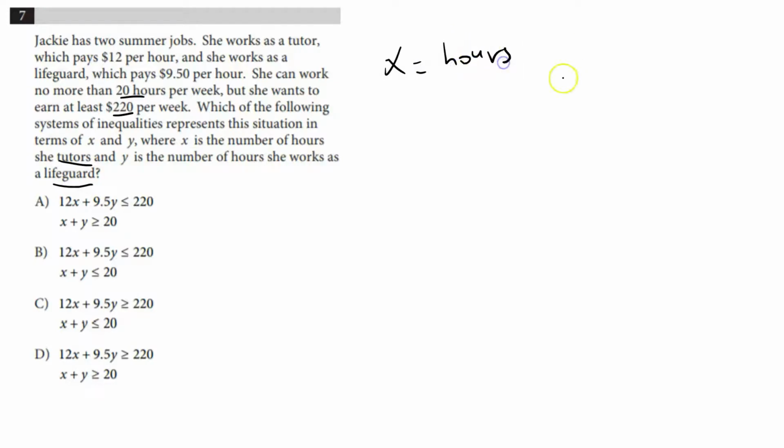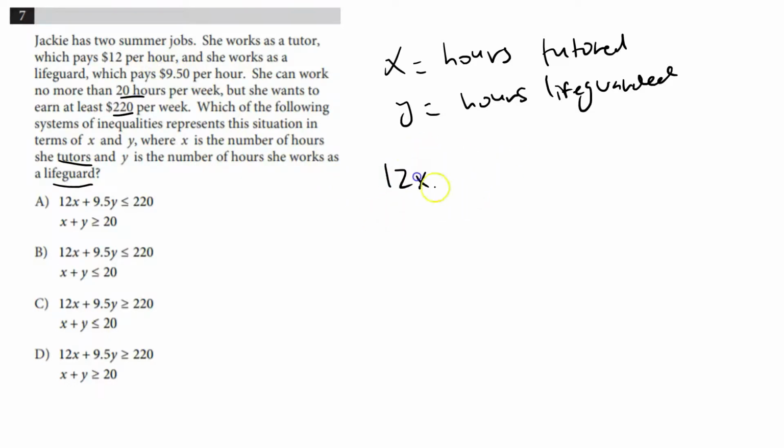So let's just write this out bigger here. x is hours tutored, y is hours lifeguarded. So let's see. If she works x hours as a tutor and she earns $12 per hour, then she earns 12x dollars from tutoring, right?